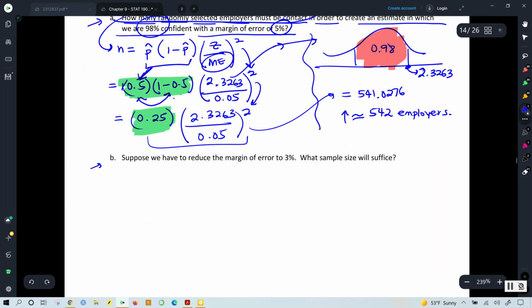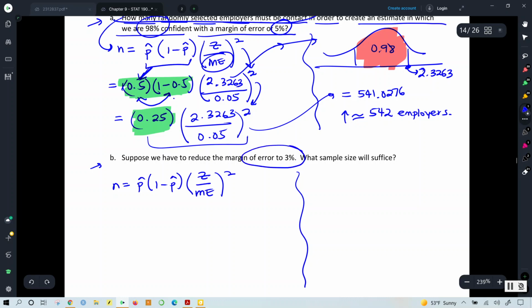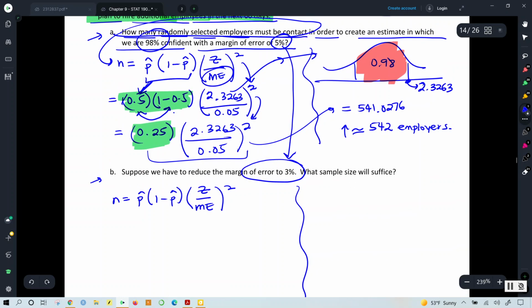Then the next example, we use the same formula again: Z over the margin of error, all squared. The only thing that is changing from 5% to 3% is the margin of error, and so every other piece stays the same. 0.5 times 0.5 gives 0.25.